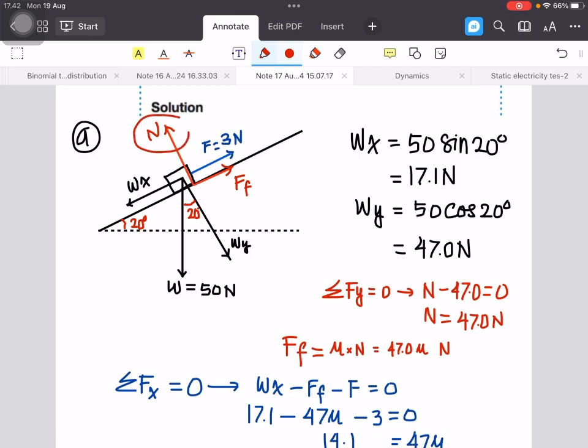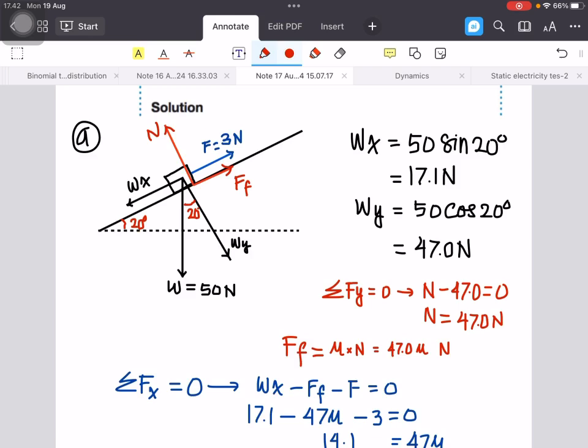So the normal force minus Wy is equal to 0. So we have the normal contact force between the object and the inclined plane is 47.0 Newton.